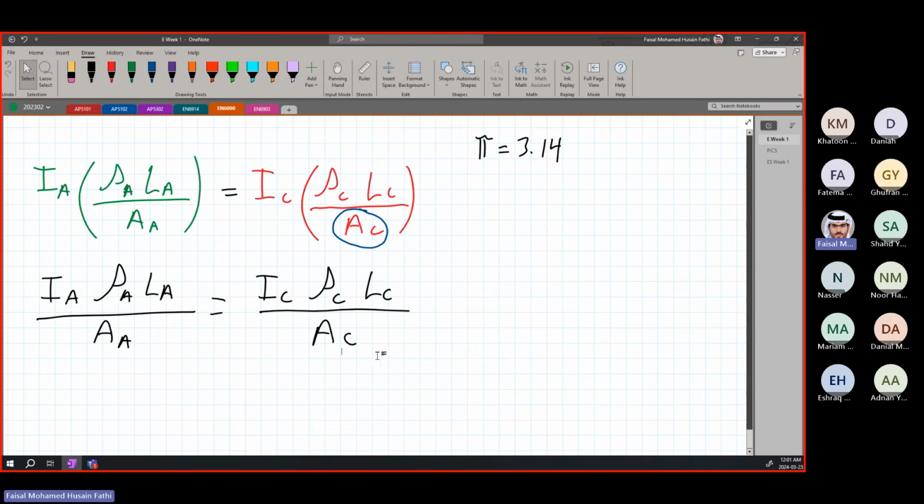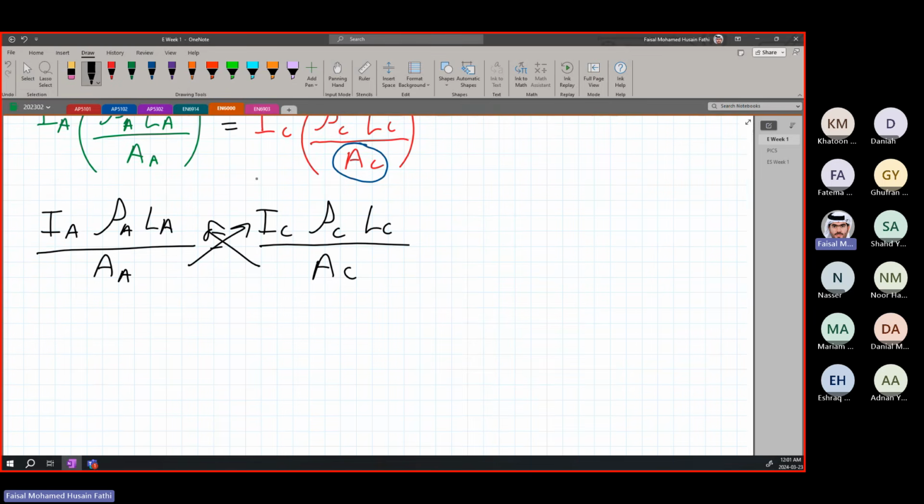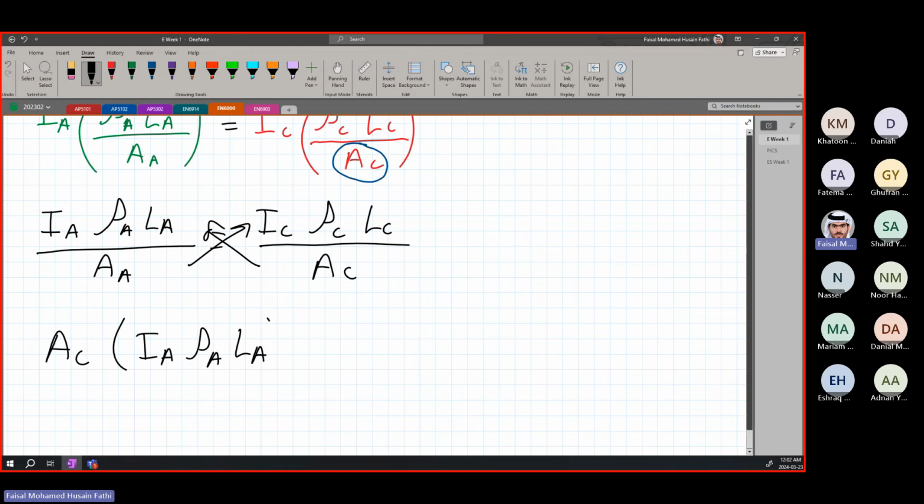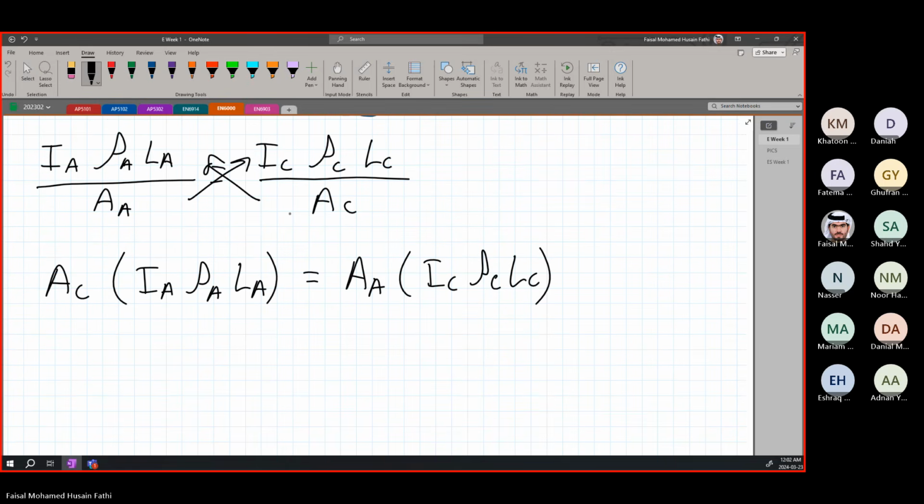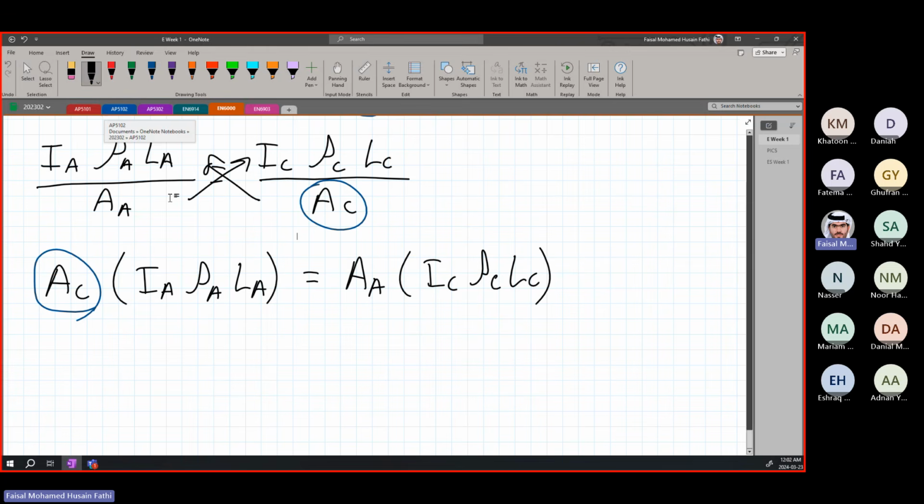So the first thing I'm going to do is cross multiply, to get rid of denominators. So AC times IA rho A LA is equal to AA times IC rho C LC. Again, we're trying to solve just for AC. We want AC to be by itself. So we're going to divide both sides by IA rho A LA.